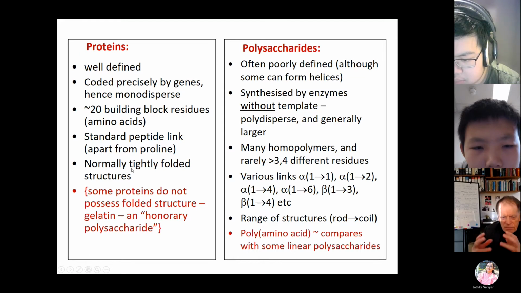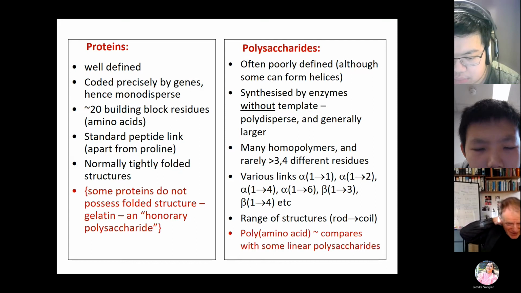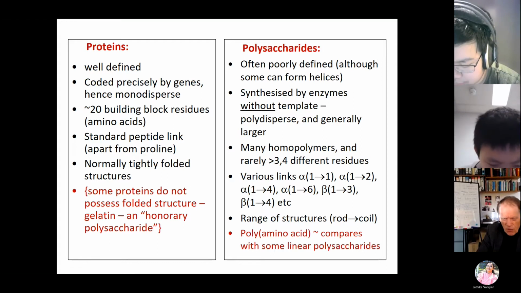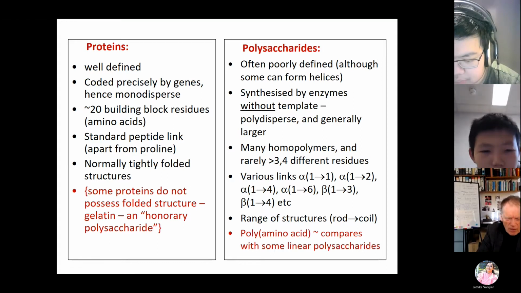And proteins are normally tightly folded structures, globular proteins, whereas with polysaccharides you get a huge range of structures from rods to random coils. Although it's worth pointing out that some proteins do not possess folded structures, and there's a lot of interest at the moment in what we call intrinsic disordering or denaturation of protein molecules, local denaturation, local disordering.